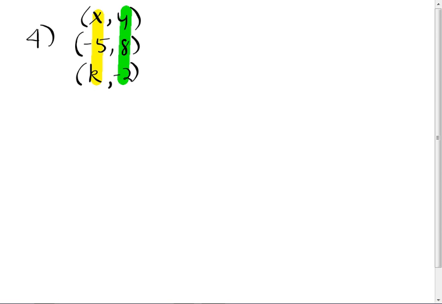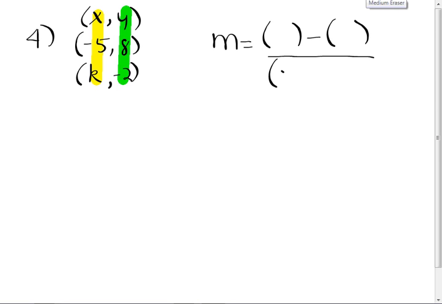Okay, ready? So my slope is y1 minus y2 over x1. Whoops, I didn't want to write that. X1 minus x2. So I'm going to color this.